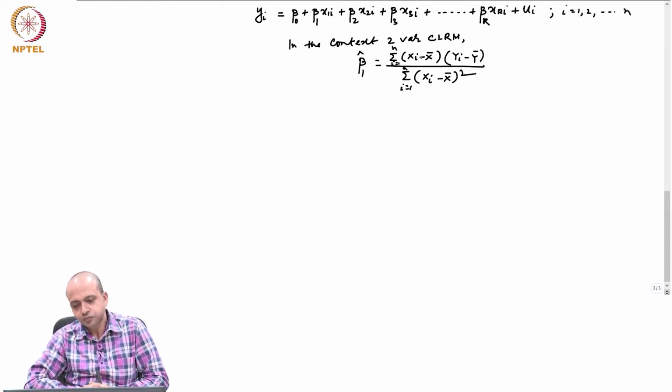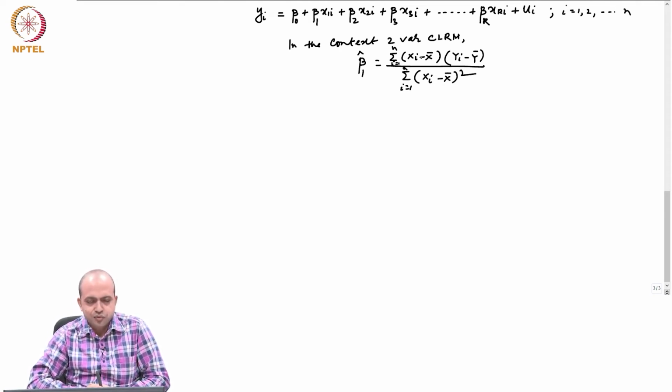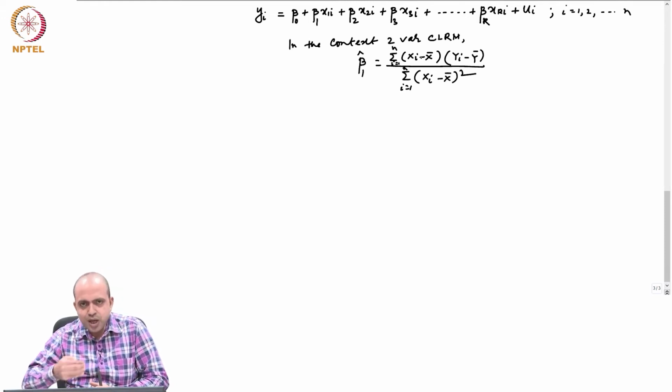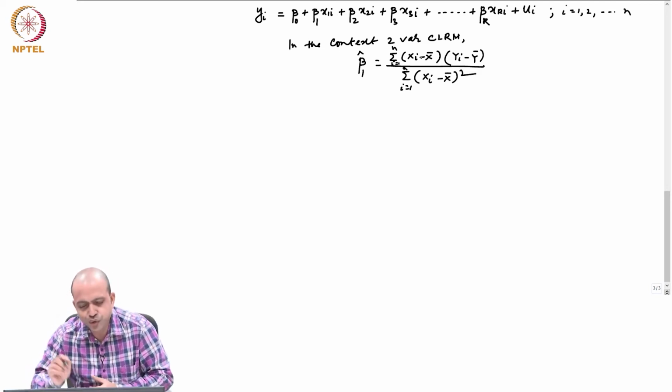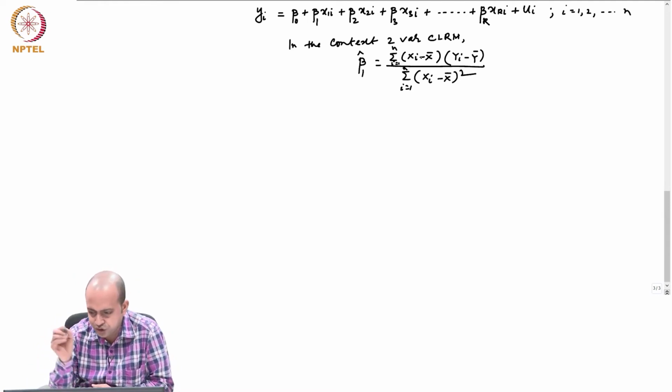What do we do? We represent this equation using matrix notation, and then from that matrix notation we can easily solve all the parameters at one shot. That is why matrix algebra becomes very important in this context. Let us see how to represent the equation in the matrix notation.